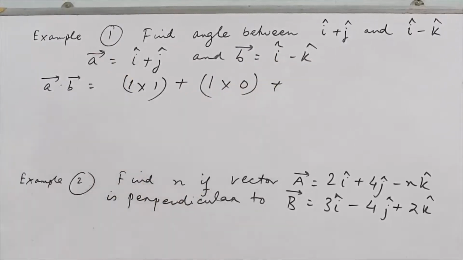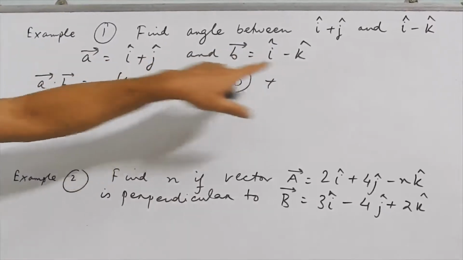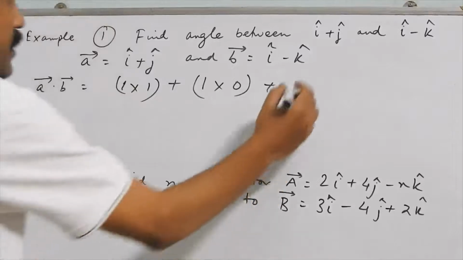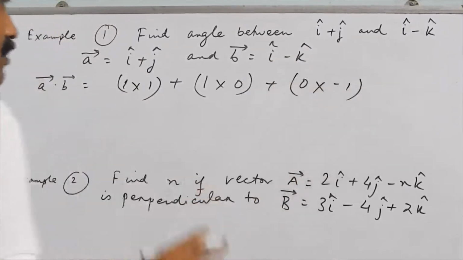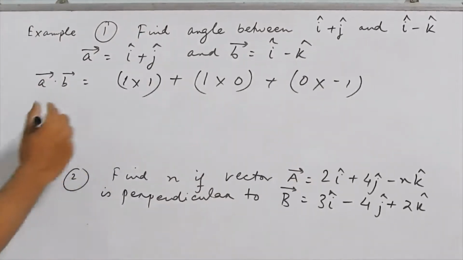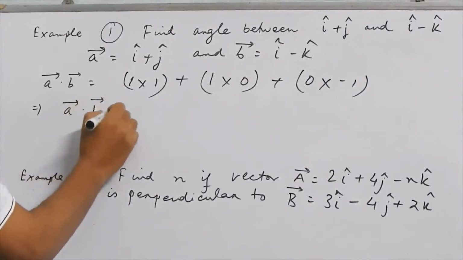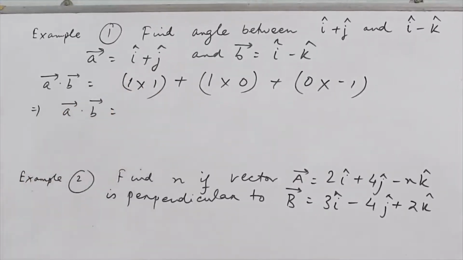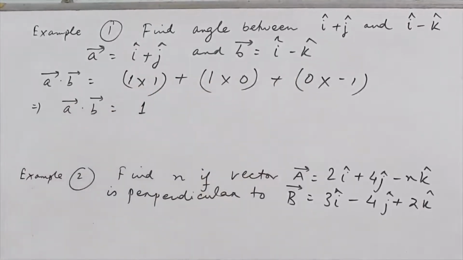Now with respect to k hat, there is no k hat here, but there is one k hat here. So it is 0 k hat here and here it is minus k hat, so the component value is minus 1. So what you get? A dot B is equal to 1 into 1, that is 1. Obviously this is 0 and this is 0. So A dot B is 1.